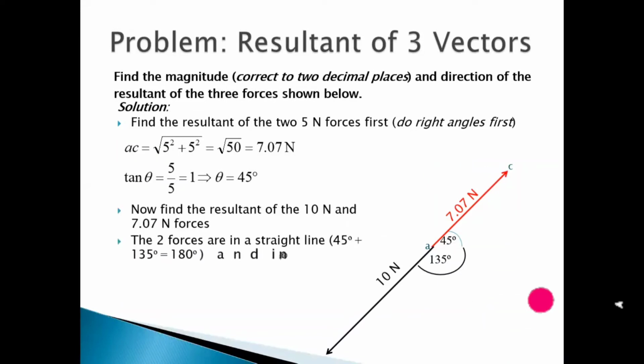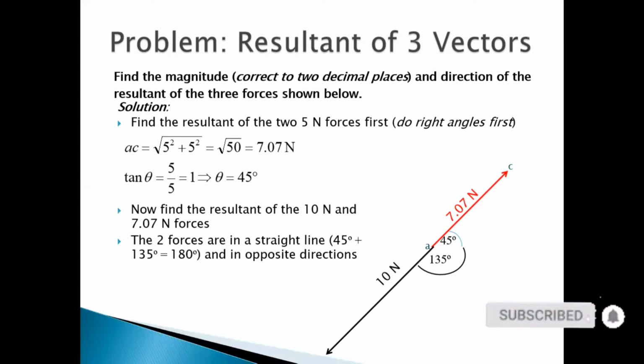Now, you have the resultant vectors connecting tail to tail. So, we will get the effect of tail to tail, 10 newtons and 7.07 newton forces. The two forces are in a straight line, at 45 degrees plus 135 degrees equals 180 degrees, and in opposite direction, connecting tail to tail.